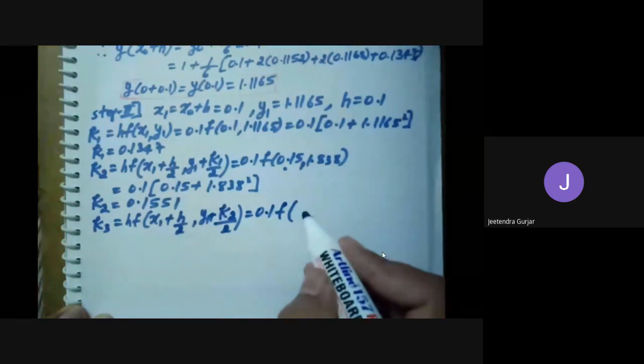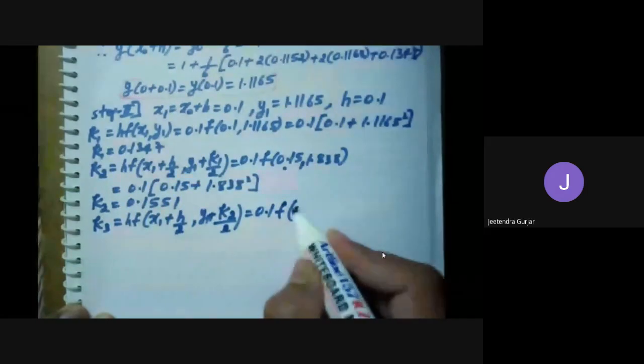So 1.1165 plus 0.1551 divided by 2, we get the value 1.194. So f of 0.15 comma 1.194. Like this one calculate orally. This is h, 0.1 as it is. X is 0.15, so minus 1.194 square.